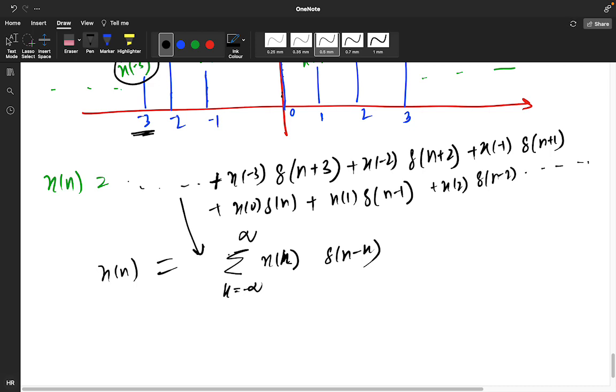Correct? Put any value: if you put x of minus 3, then k will become plus 3. Then x of minus 2 will come, then k will become plus 2. So you will get the same equation. The value of k is minus infinity to infinity.